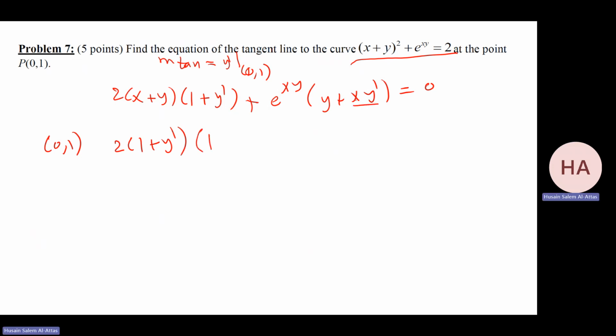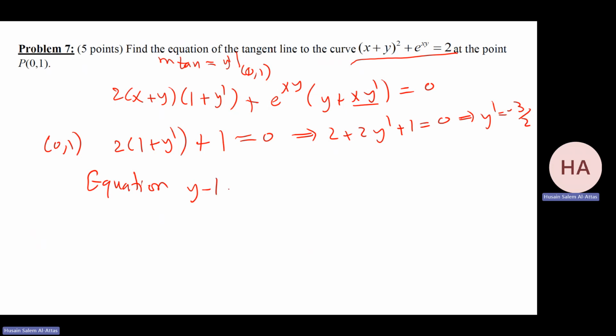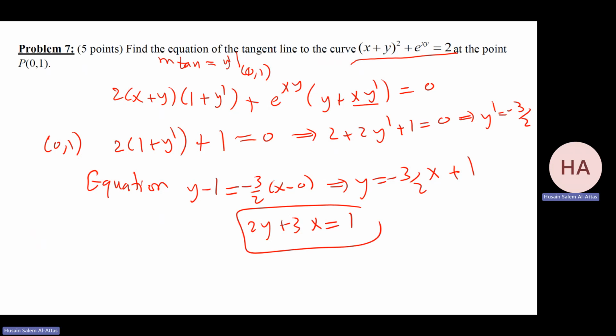This is 1. This is 0. Plus 1. This equals 0. That means 2 plus 2y prime plus 1 equals 0. So it means y prime equals minus 3 over 2. So it will be the equation y minus 1 equals minus 3 over 2 times x minus 0. In other words, y equals minus 3 over 2 x plus 1. Or 2y plus 3x equals 1. The way you like it.